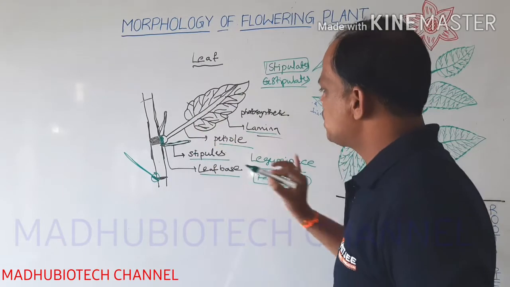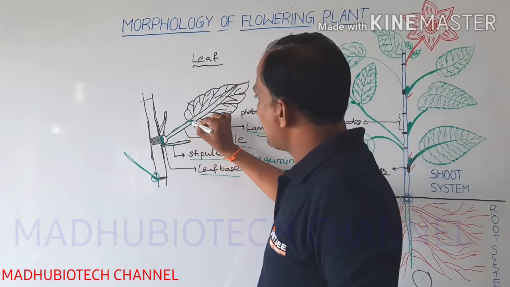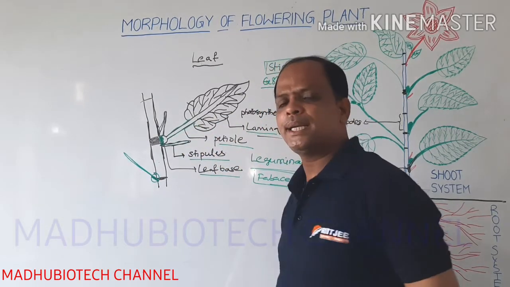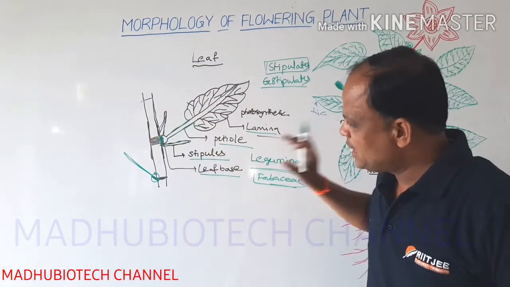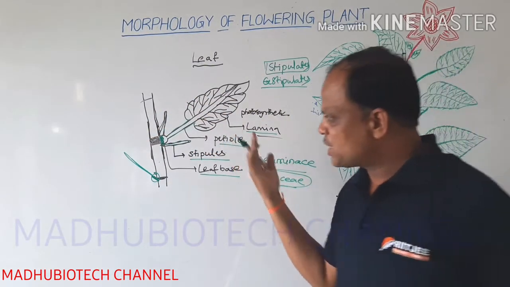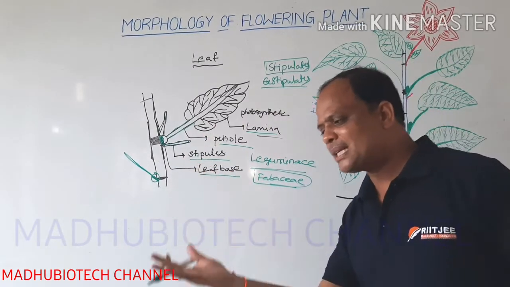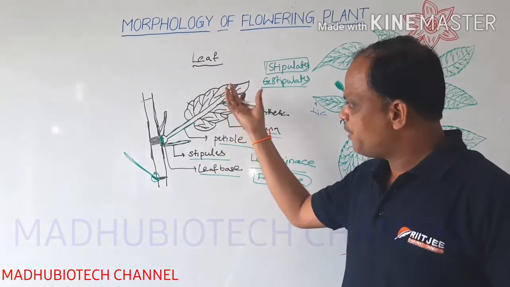And next, this is the petiole structure, a hollow, tube-like structure, also called the petiole. The main function of the petiole is that it bears all the branches and leaves, and it bears the leaf weight.